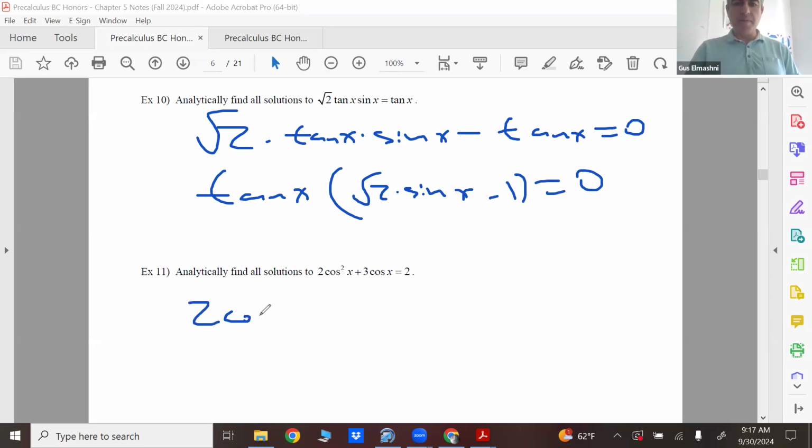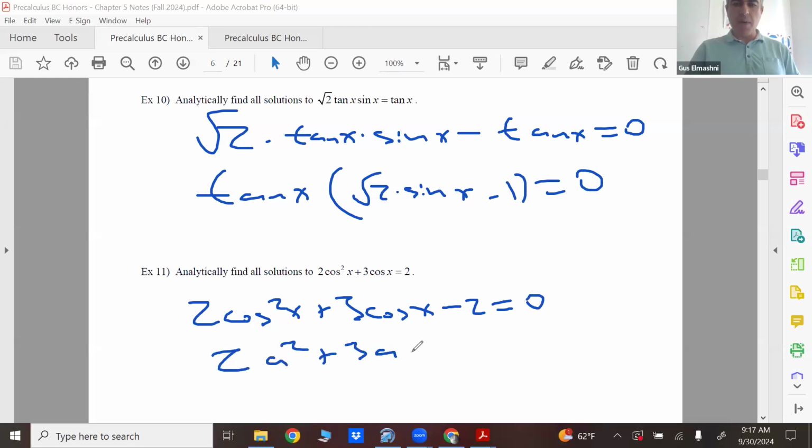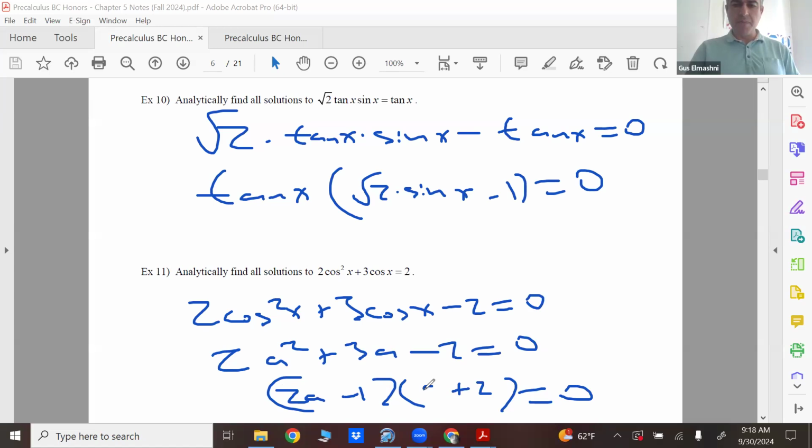Likewise here, move everything to one side, and think of it as a quadratic equation that you can factor. I think 2a, so then a equals 1/2. So cosine x equals 1/2.